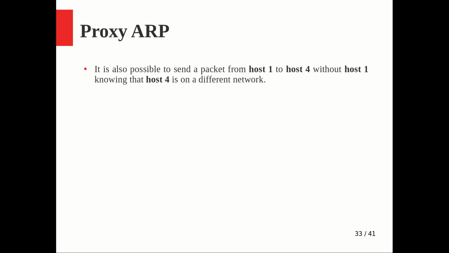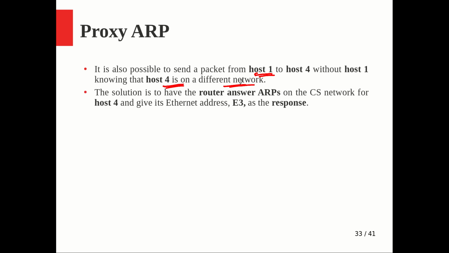So it is also possible to send a packet from host 1 to host 4 without host 1 knowing that host 4 is on a different network. So far, host 1 knew that host 4 is on a different network, and how it knew was through that procedure. Now assume that we don't have such a procedure, and we don't want to burden ourselves like that, and without any knowledge about whether the destination is on a different network or not, host 1 is simply sending the data.